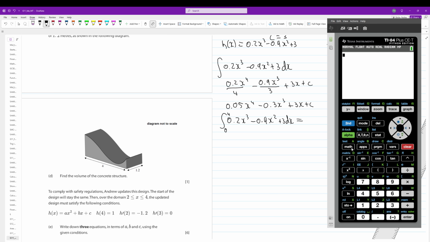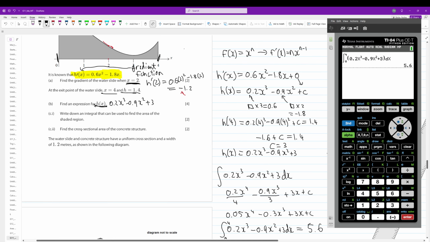So I can use math, function integrate, which is this number 9 here, 0, 4, and now all I need to do is just copy out the function that I've got. 0.2 x cubed, take away 0.9 x squared, add 3. There we go. And I'm integrating with respect to x. 5.6.